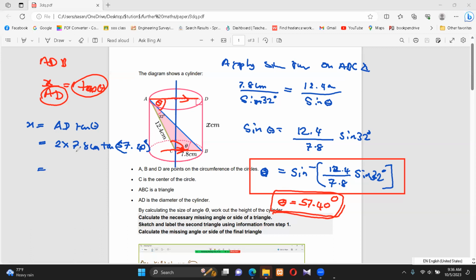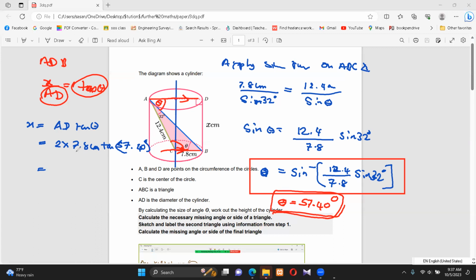Now 2 times 7.8 times tan of x, because you know that the opposite side over the adjacent side, the ratio, equals tan theta, right? In degrees, they have put the degree sign. Then it says it's just 24.39 centimeters, right? x equals 24.39 centimeters.